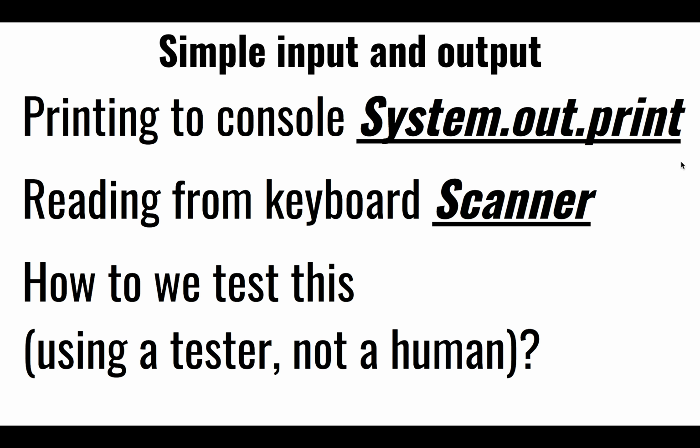Humans are not reliable. We're messy. We forget things. We mistype. So instead, we want to create a consistent mechanism that we can test this. So at some point, we're going to have to override or substitute or replace or mock this System.out and this scanner with implementations of our own, so that we can test. Okay.